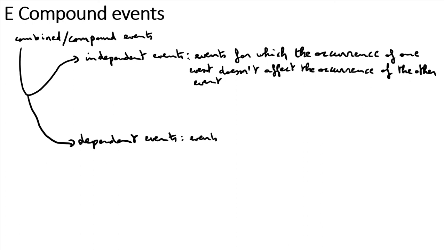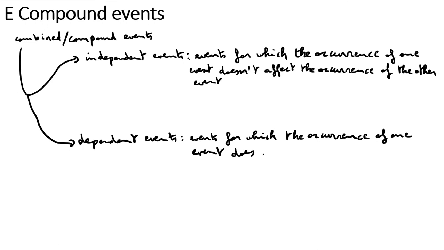So those are events for which the occurrence of one event does affect the occurrence of the other event.